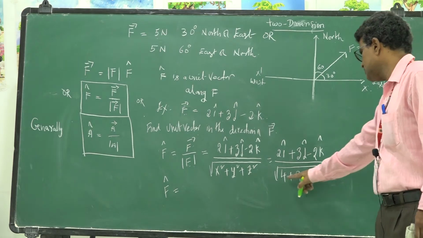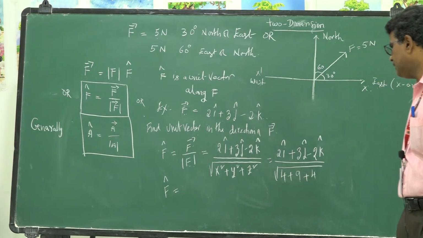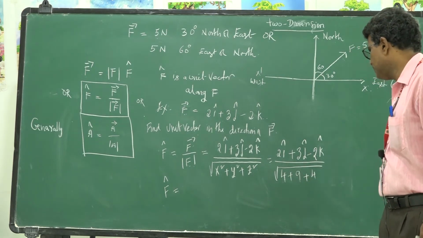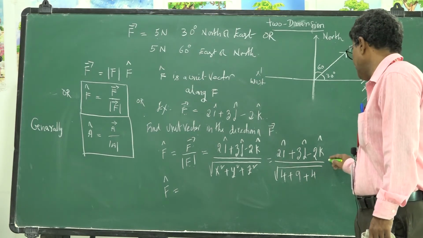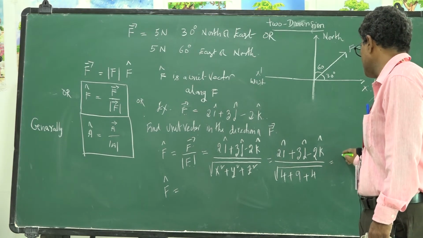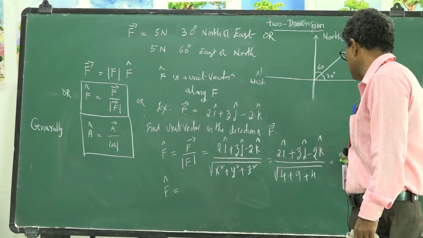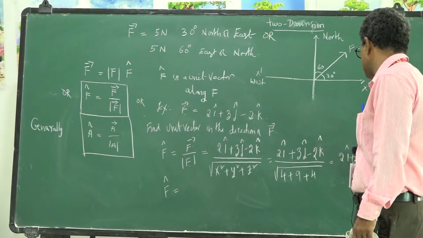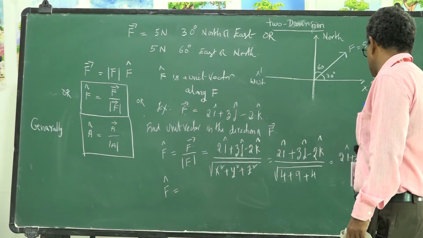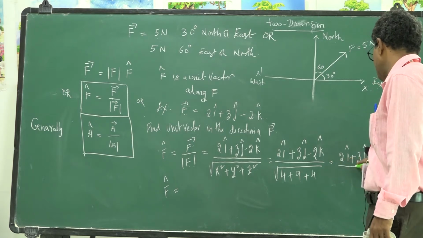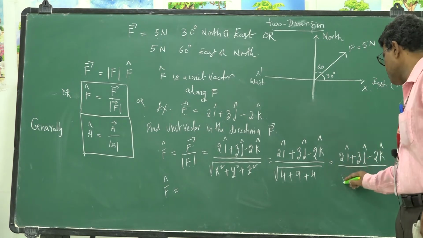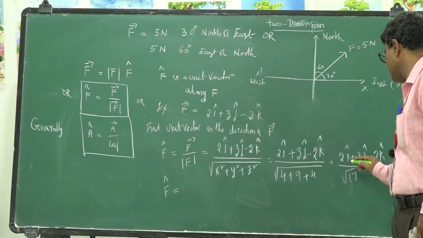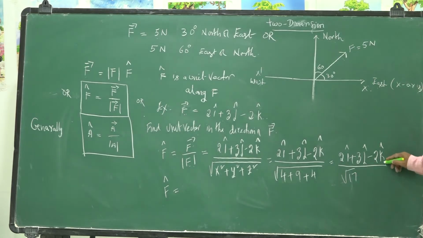So 9 plus 4 is 13, 13 plus 4 is 17. So we can write it as 2 i cap plus 3 j cap minus 2 k cap by root 17. This is the answer.